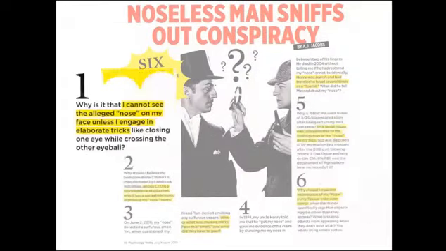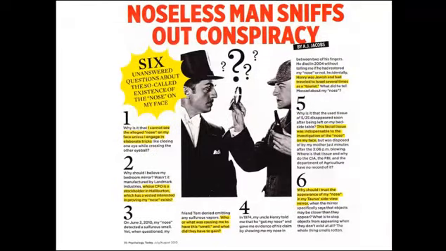All right, so this is an obviously humorous attempt to talk about conspiracy theories and also falsifiability. Like, how can I falsify the claim that there's a nose on my face? How can I find evidence that supports the claim that there's a nose on my face?